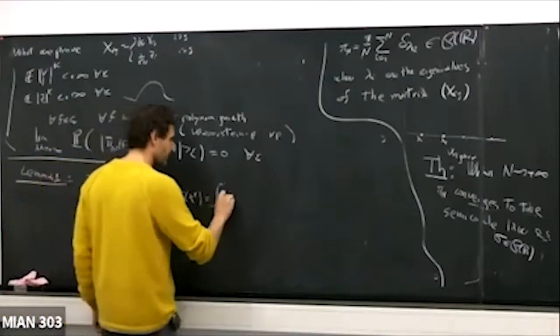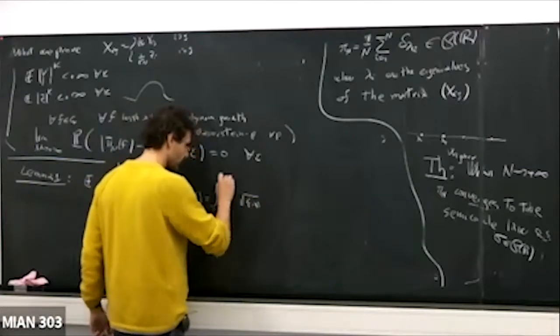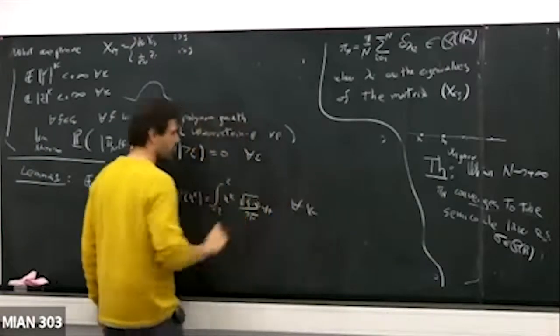This just means the integral of x to the k square root of 4 minus x squared between minus 2 and 2, over 2 pi dx, for every integer k.